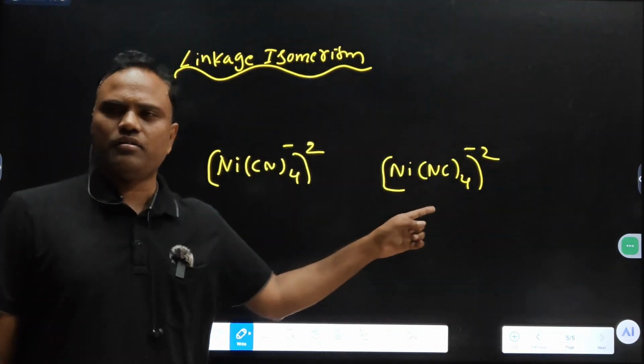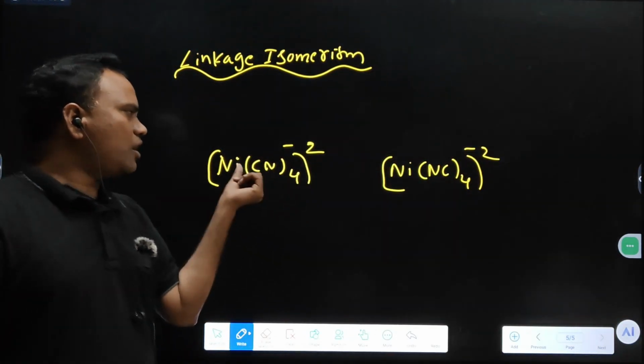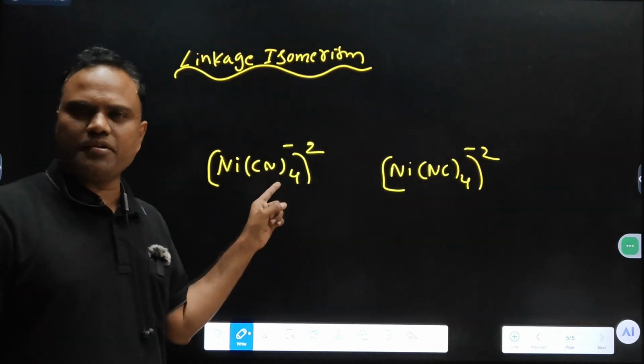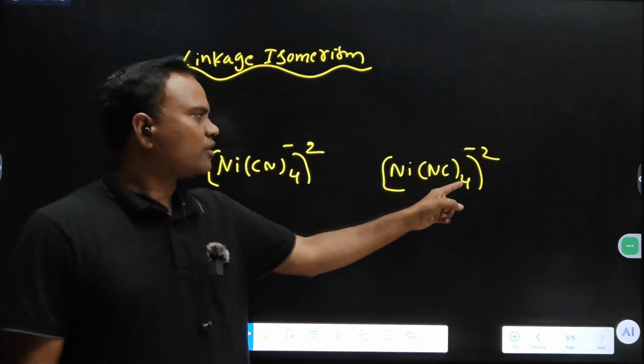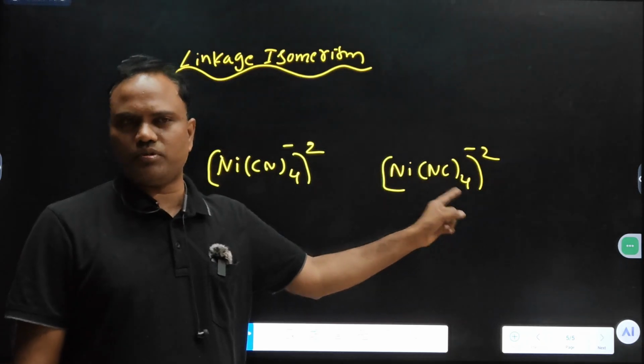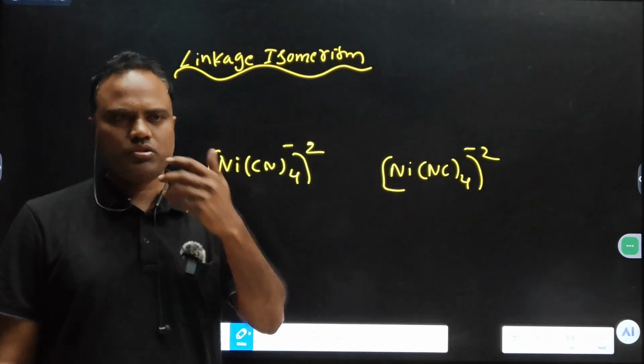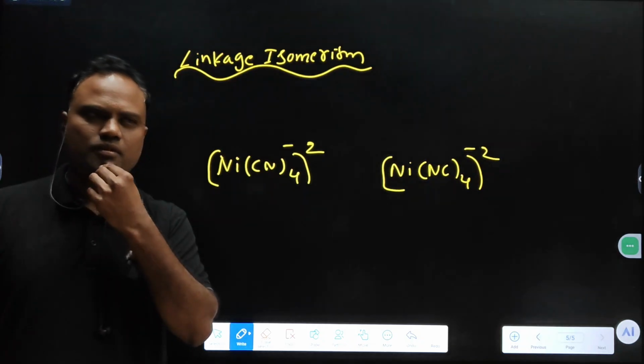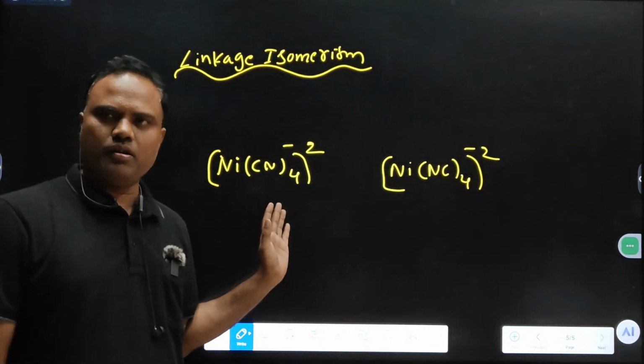1 nickel, 1 nickel. How many carbons are there? 4 carbons. How many nitrogens? 4. How many carbons here? 4. How many nitrogens? 4. So the molecular formula is the same, but what is the difference? Linkage.